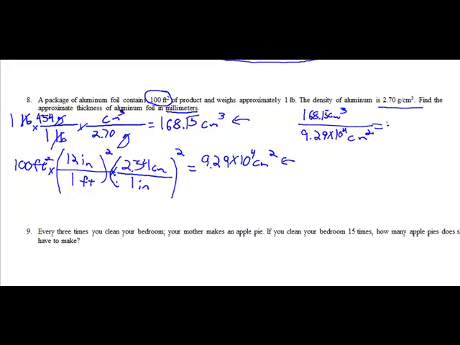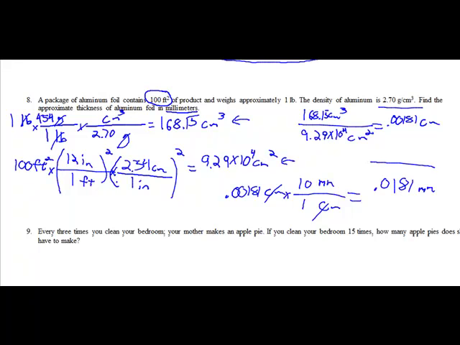I get 0.00181 centimeters. My final answer was asked for in millimeters. So we have to take my 0.00181 centimeters. Centimeters goes on bottom. Millimeters goes on top. For every 1 centimeter, there are 10 millimeters. Centimeters cancel out. Basically just moving the decimal point over one spot. 0.0181 millimeters. All right, so there's number 8.